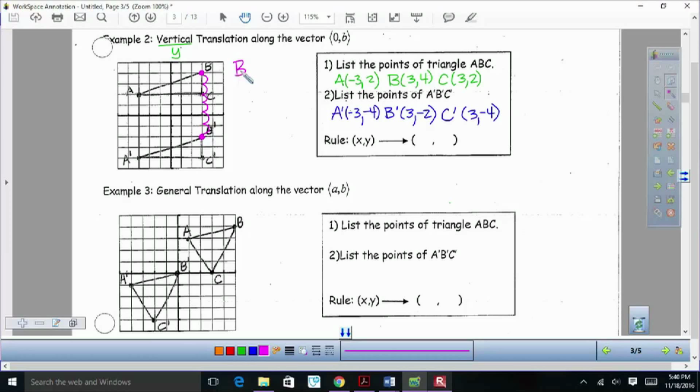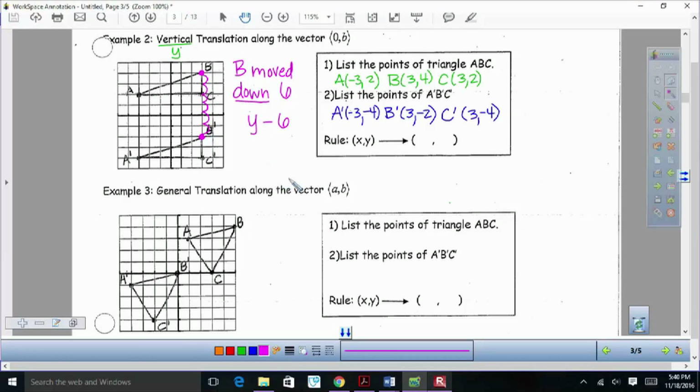So B moved down 6. We know if we're going down on the y-axis, that means negative. So we actually went in the negative direction, 6. And if we're going up and down, that is our y-axis.